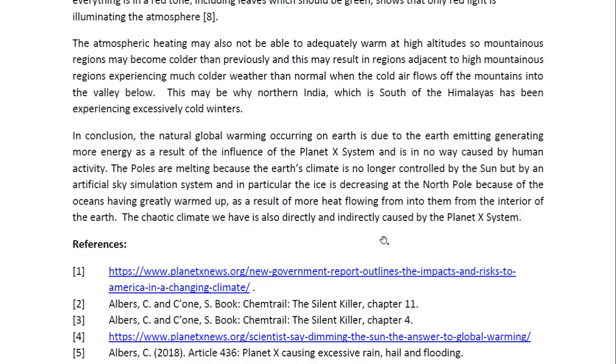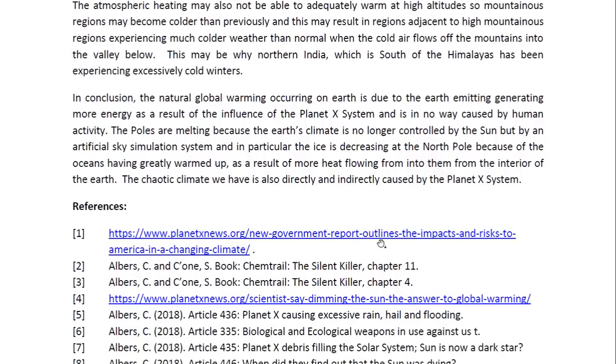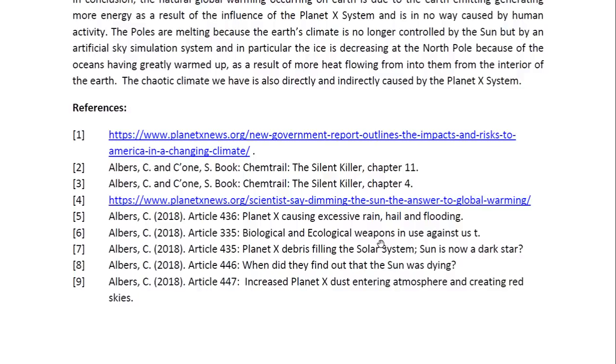And in particular, the ice is decreasing at the North Pole because of the oceans having greatly warmed up as a result of more heat flowing from the core of the Earth into them, from the interior of the Earth. So the chaotic climate we have is also directly and indirectly caused by the Planet X system.